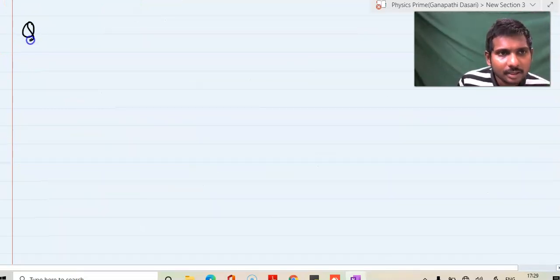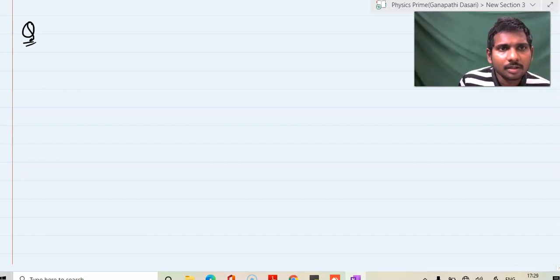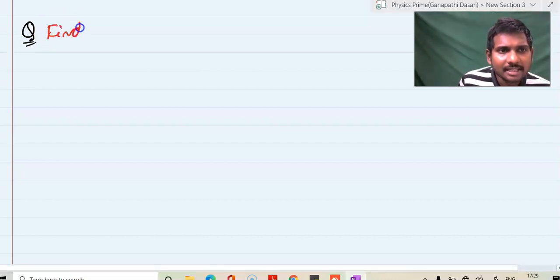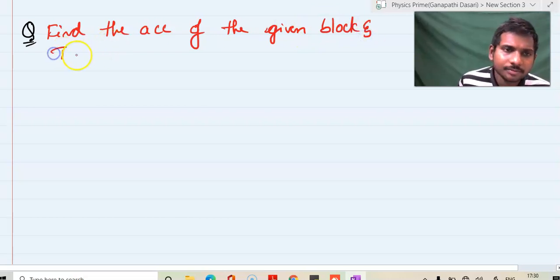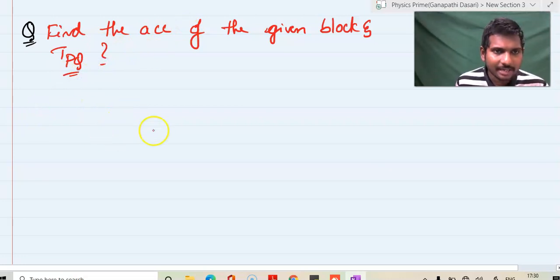Here the question is, find the acceleration of the given block and tension in the TPQ. So the given diagram is as shown.